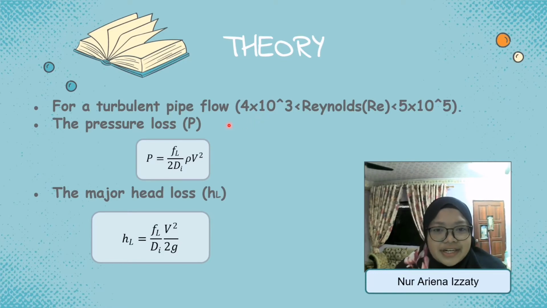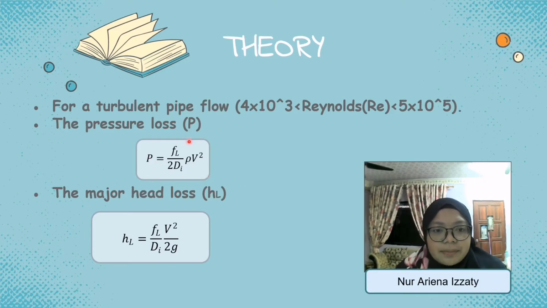In theory, generally, for turbulent pipe flow, the Reynolds number lies between 4,000 and 5 million between 2 points of the horizontal pipe. We can also calculate the pressure loss, ΔP, and the major head loss experimentally by using the Bernoulli equation.